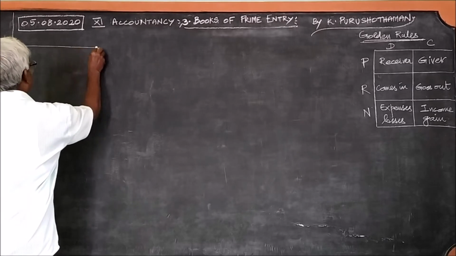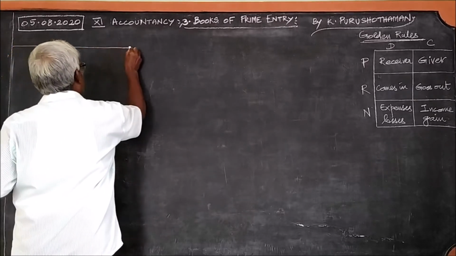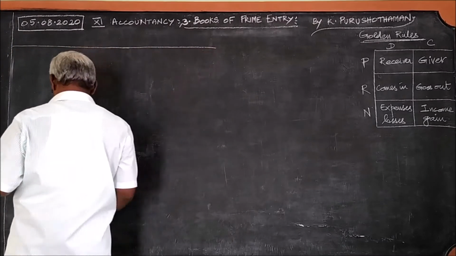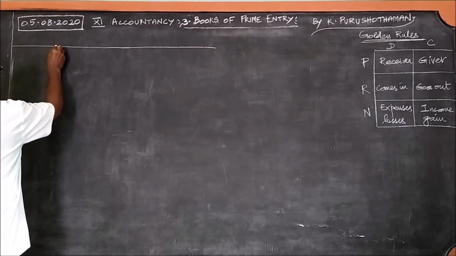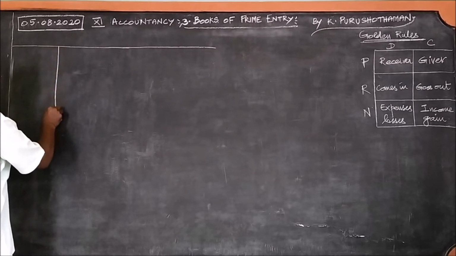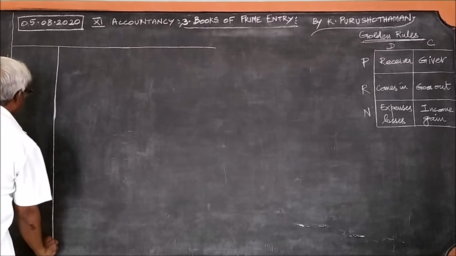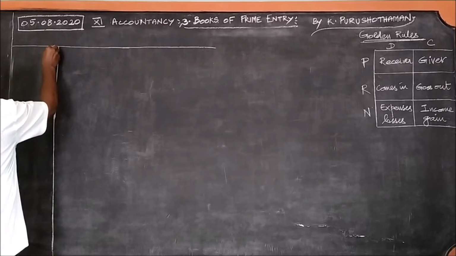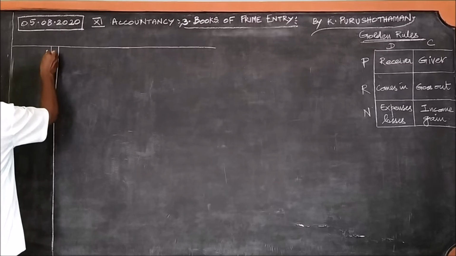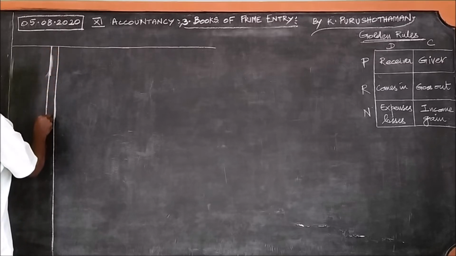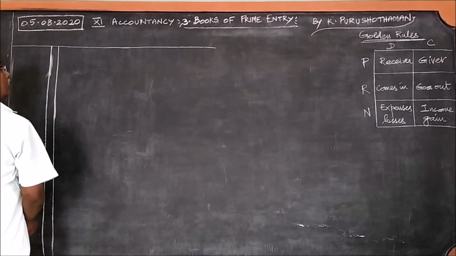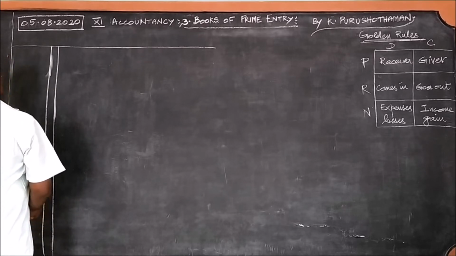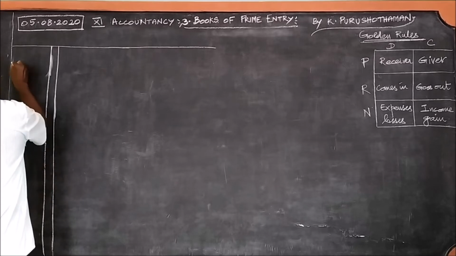This is the format. You should listen very carefully, since you are learning these journal entries for the first time. You should know the format, which is very important. In answering the problems, the format is also given much importance, for that mark is allotted.